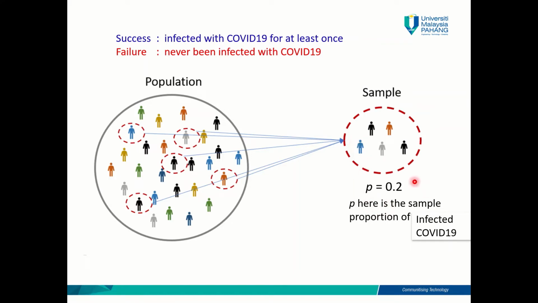This does not mean that the whole population, I'm sorry, does not necessarily give us a proportion of 0.2. If you find out that 20% of the sample has been infected by COVID-19, it does not necessarily mean 20% of the population has also been infected with COVID-19 at least once.